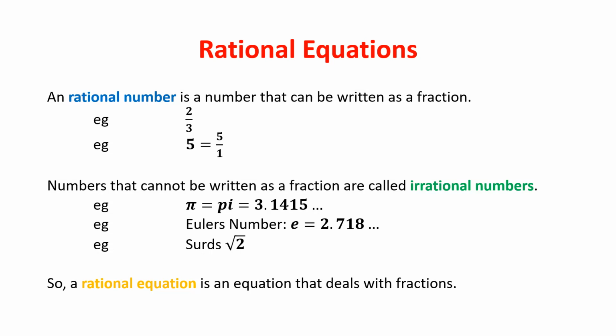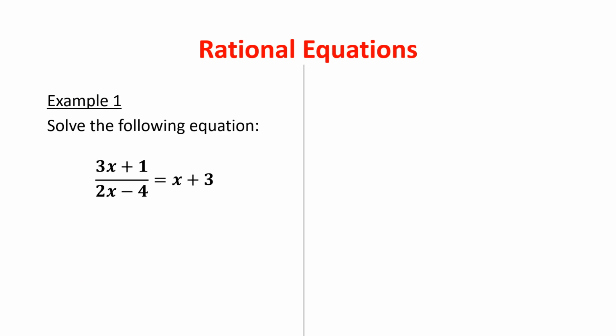Now, you've done rational equations before, but here are a couple more complicated examples that we can hopefully get you more confident with. Here's example 1. Solve the following equation: (3x + 1)/(2x - 4) = x + 3. You may have ways to solve this that are different to mine, but I like to treat the right-hand side as a fraction by putting (x + 3)/1.